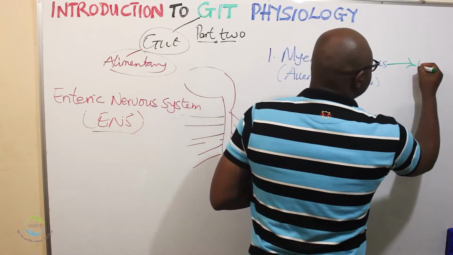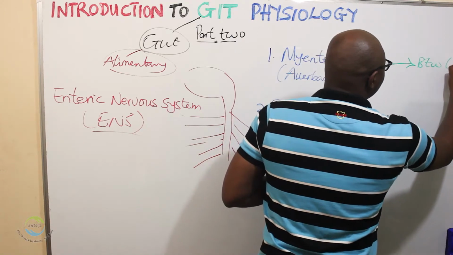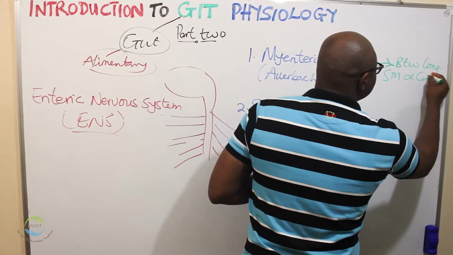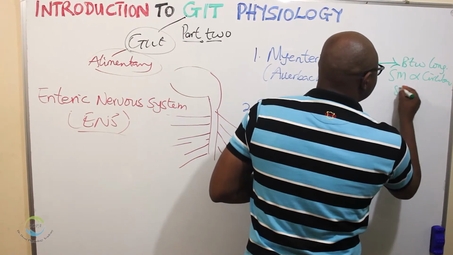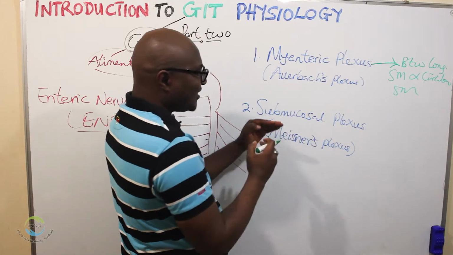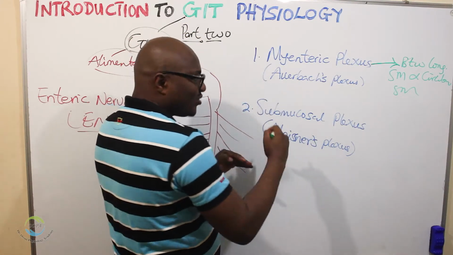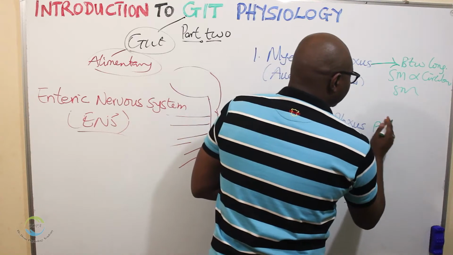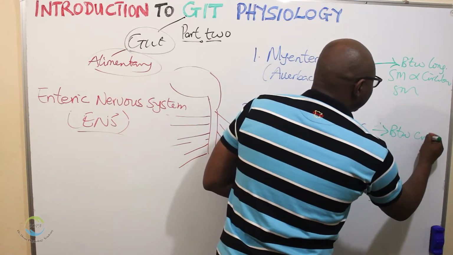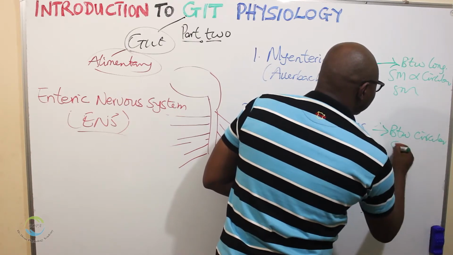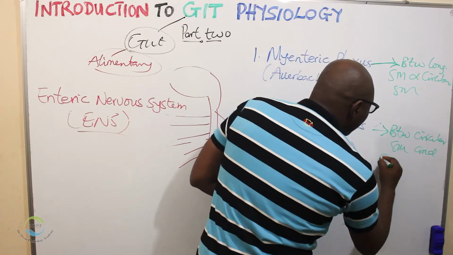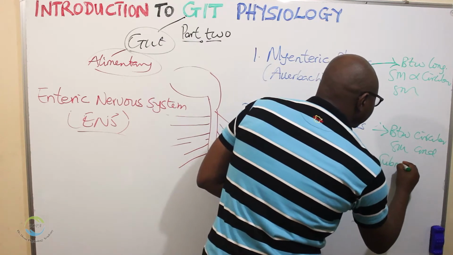Then the submucosal plexus is located between the circular smooth muscle and the submucosal layer.